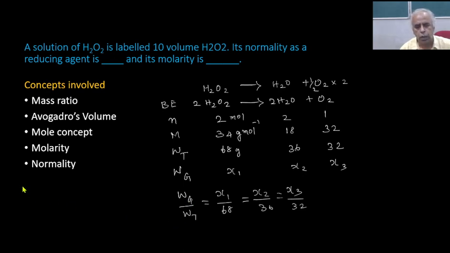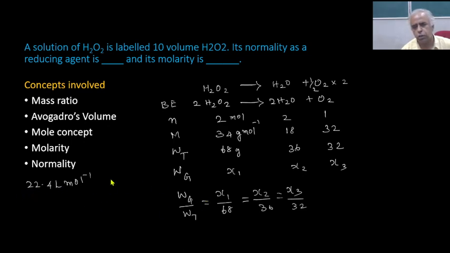Avogadro's volume is nothing but 22.4 liter per mole, okay, at standard STP. So per mole, it means 1 mole of this compound or any compound contains or occupies 22.4 liter volume.